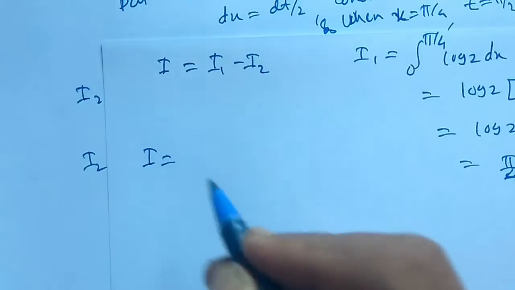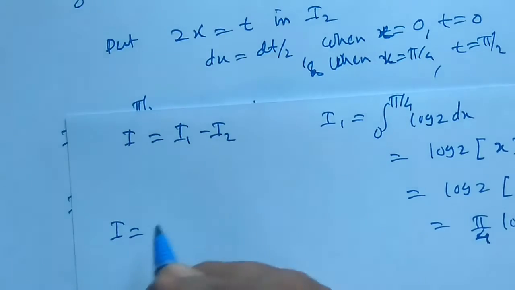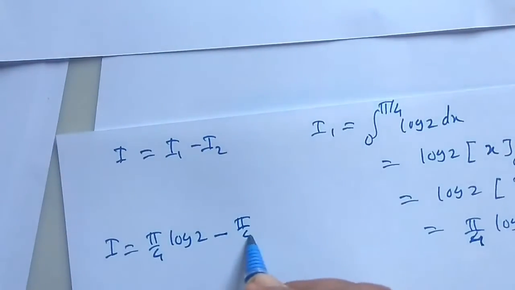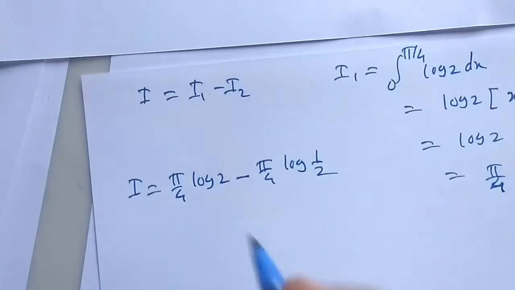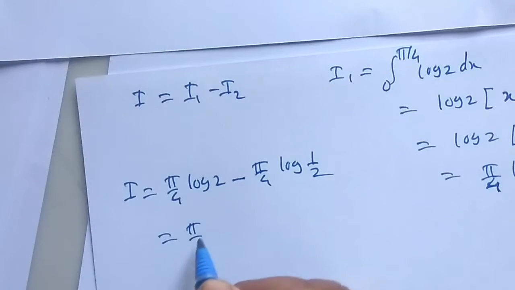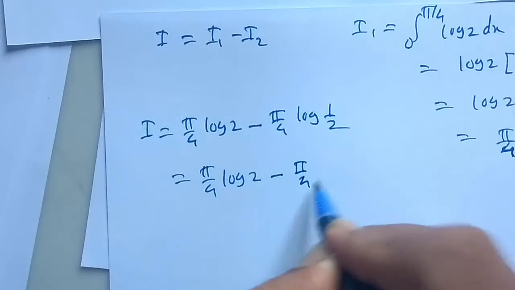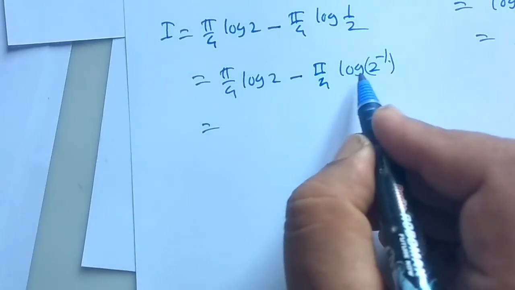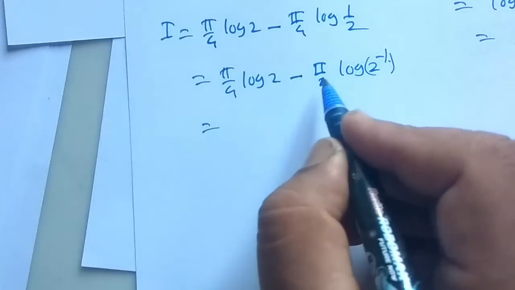Therefore, I is equal to I1 minus I2, which is pi by 4 into log 2 minus pi by 4 log of 1 half. Therefore, this is pi by 4 log of 2 minus pi by 4 log of 2 raised to minus 1, and since log of m raised to n is equal to n times log m, minus 1 becomes the coefficient.